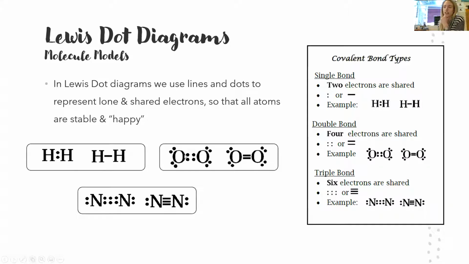So this oxygen has 4 shared electrons and 2 pairs of lone electrons. So electrons are always paired. We never see odd numbers of electrons, always even numbers of electrons. So the way that we see it here, we've got pairs of lone electrons, and then we've got some pairs of shared electrons. And you can see that they can be written in 2 different ways. The lone pairs are always just dots, no lines there.